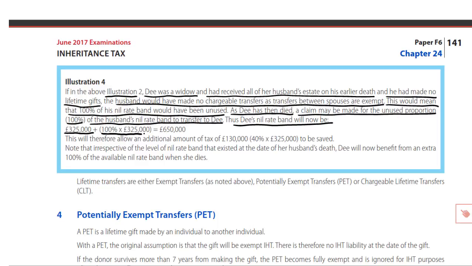That's 100% times the current, her now available nil rate band.